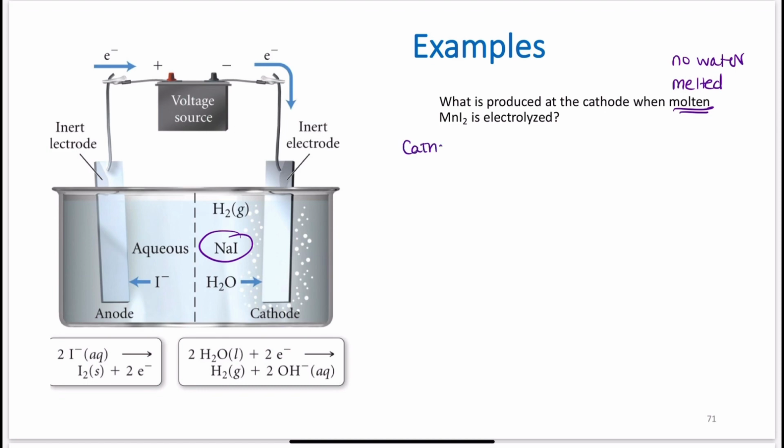My cathode. Mn2+ giving me Mn, negative 1.18 volts. I- can't do anything. It's already got all its electrons. We don't have to compete with water.